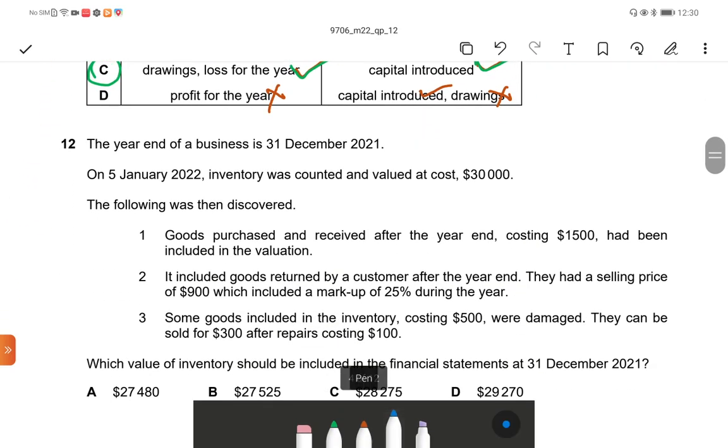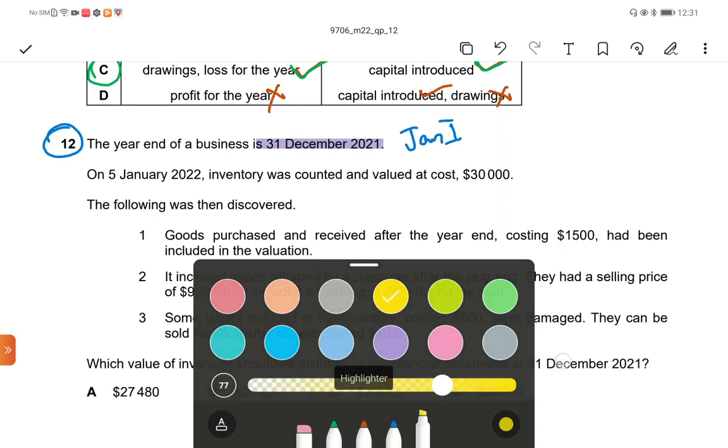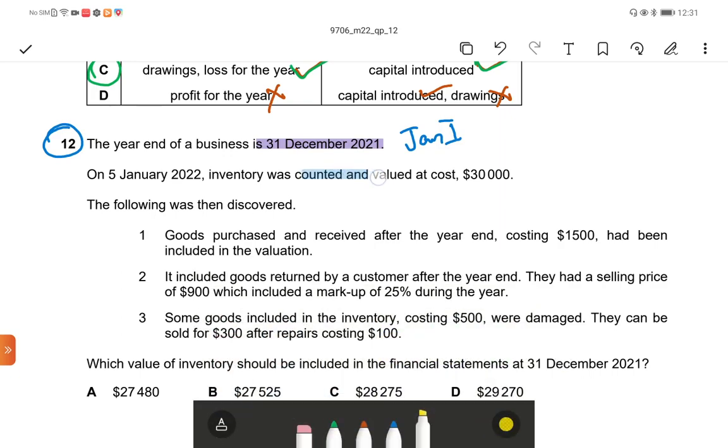Next, question number 12. The year end of a business is 31st December 2021, so the beginning will be January 1st. On 5th January 2022, inventory was counted and valued at cost 30,000.